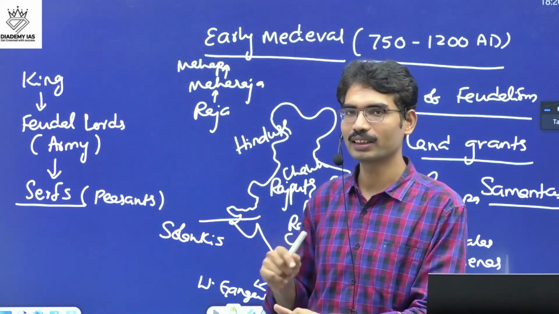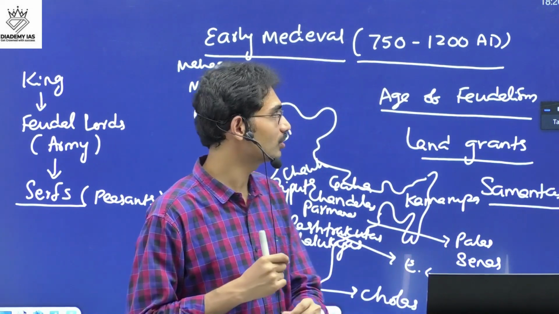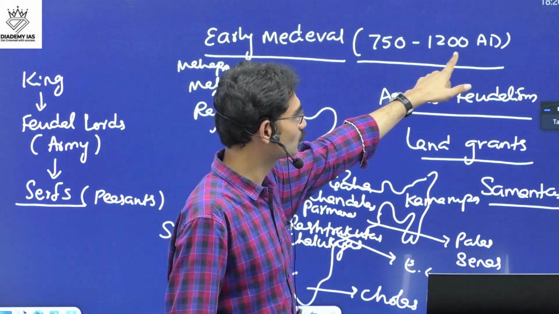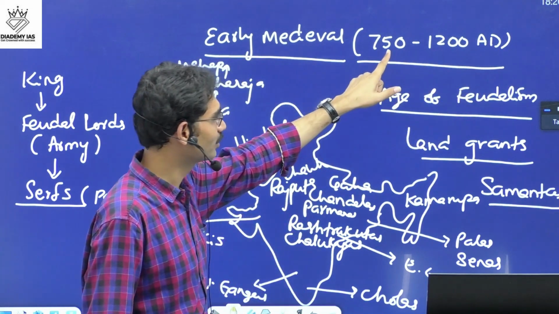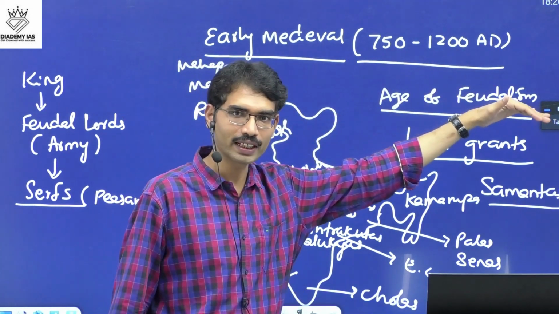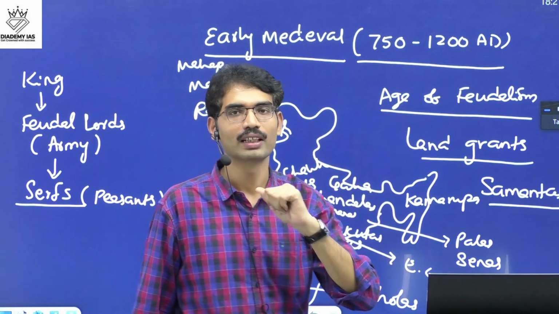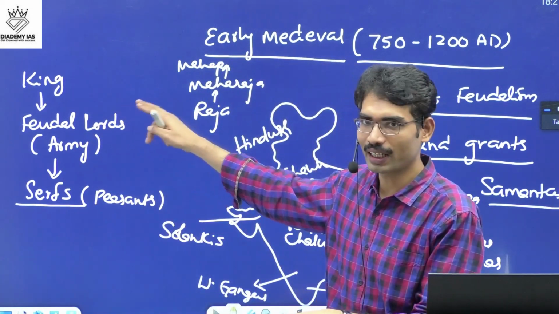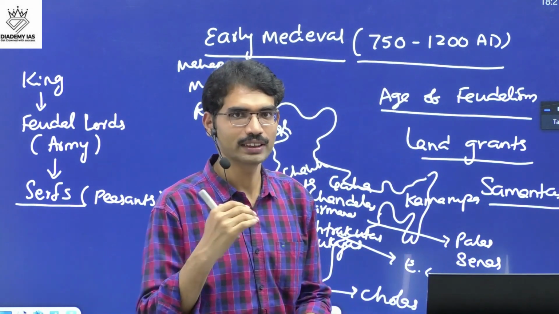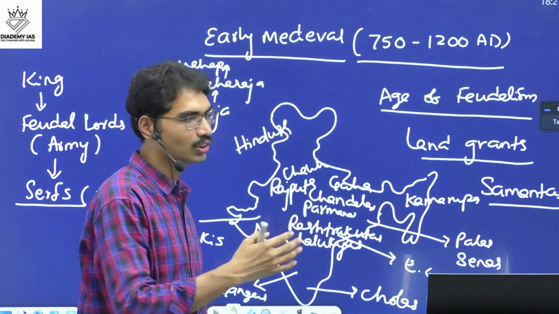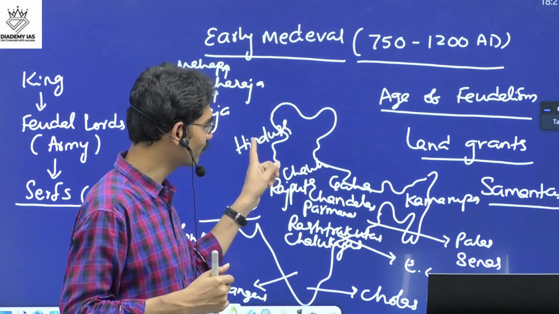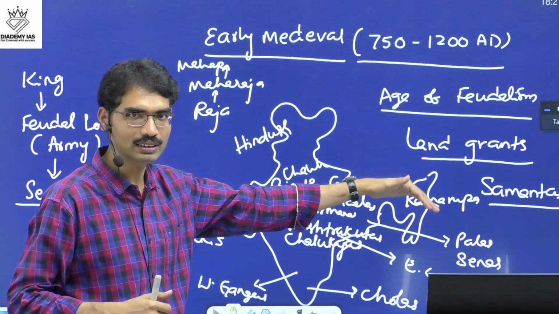During this time period, there were so many invasions also. Now we are talking about 1200. From 1000 AD onwards, Ghazni Muhammad's raids started, and after that, Ghurid invasions started, which finally led to the rise of the Delhi Sultanate.